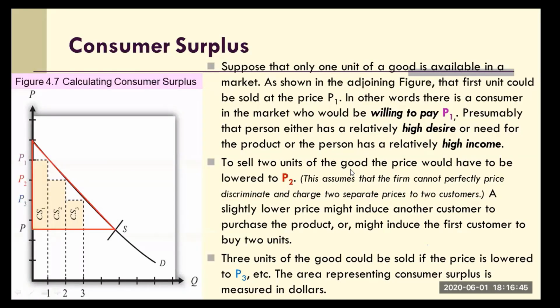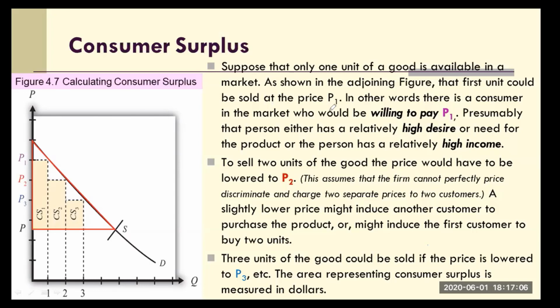So let's see this. Suppose that only one unit of the good is available in a market, as shown in the adjoining diagram.